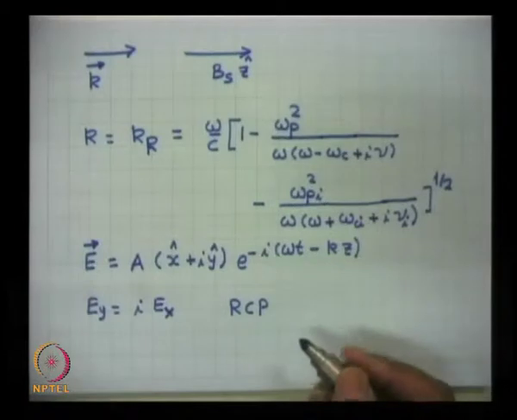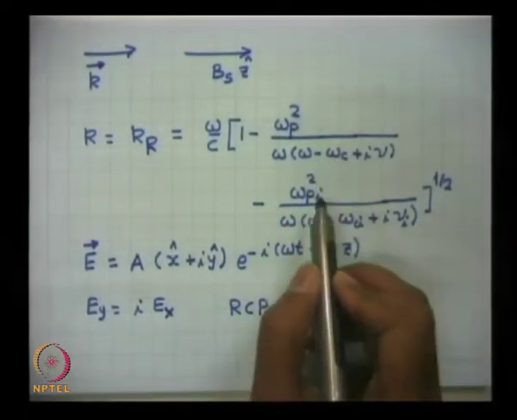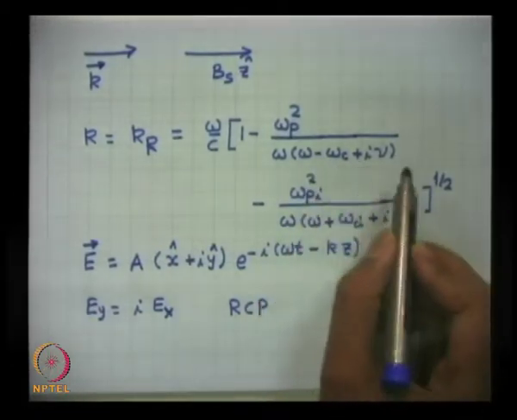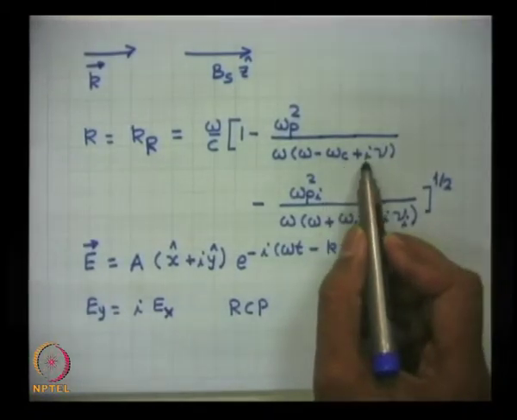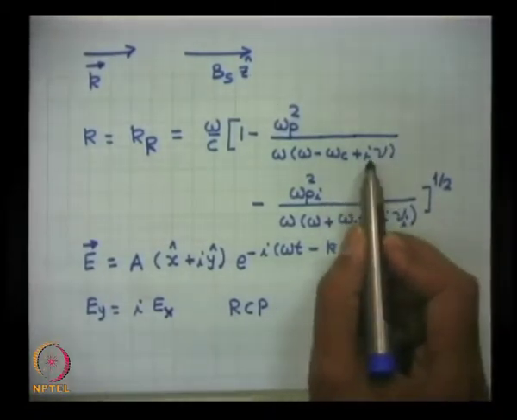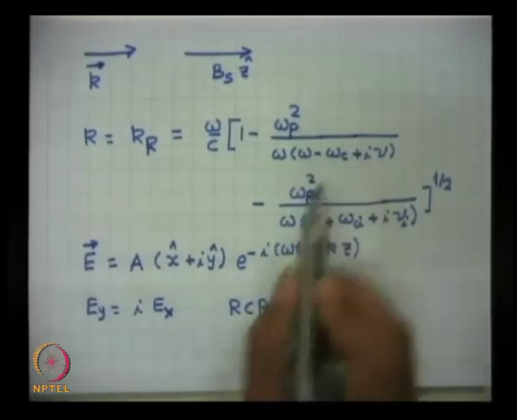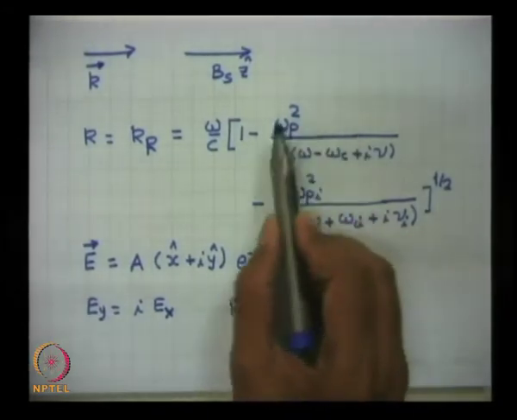We noted that this expression for k has a resonance at omega equal to omega c, because usually nu is very small as compared to the cyclotron frequency. So, this term is very small, orders of magnitude smaller than this, and hence in the vicinity of omega equal to omega c, two things happen. Number 1, this term reverses sign.